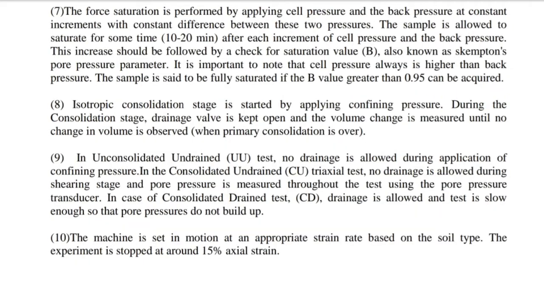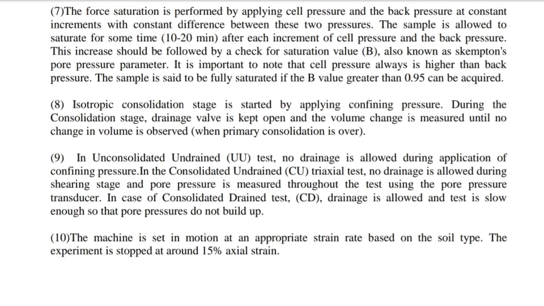7. Forced saturation is performed by applying cell pressure and back pressure at constant increments with constant difference between these two pressures. The sample is allowed to saturate for some time, 10 to 20 minutes, after each increment of cell pressure and back pressure.